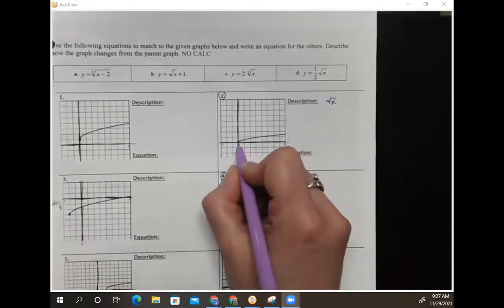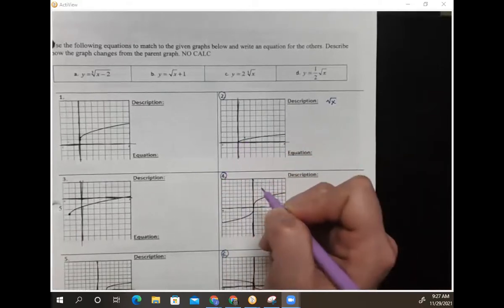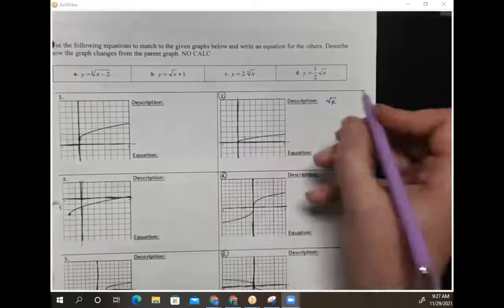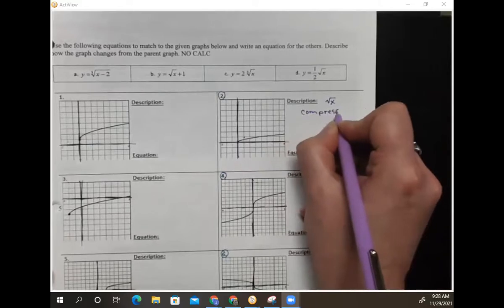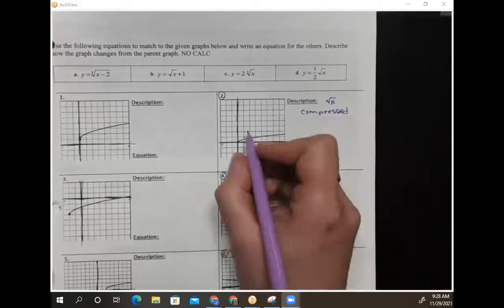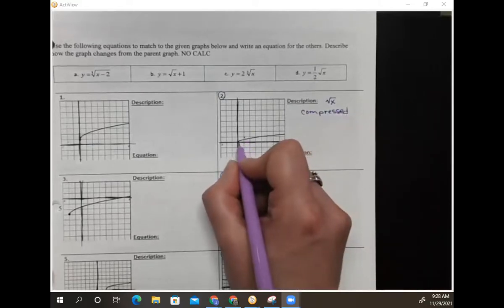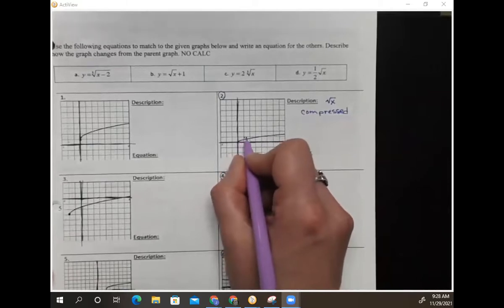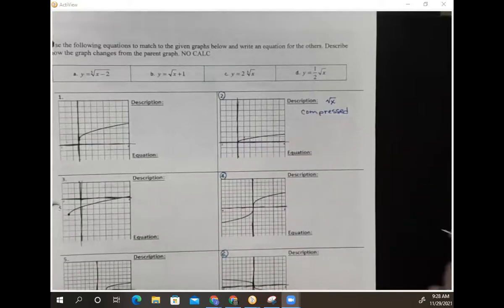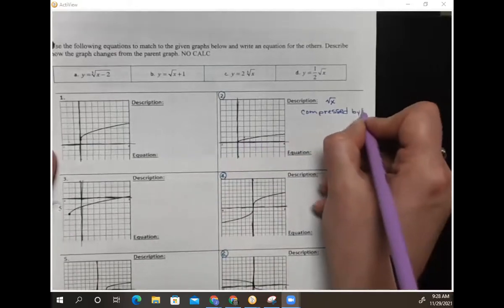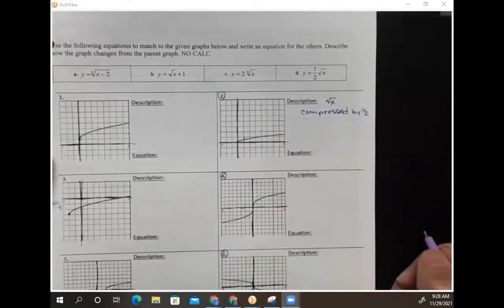Because to get to my next nice point, it was supposed to be up 1 and out 1. It's, yeah, sort of flattened. It's compressed. If I look to get to my next nice point, instead of up 1 and out 1, we are about halfway up. So I'm going to estimate this is compressed by a half. What it looks like to me.